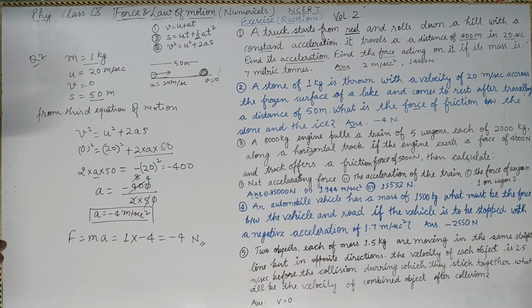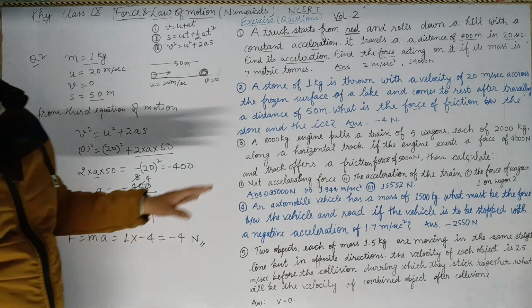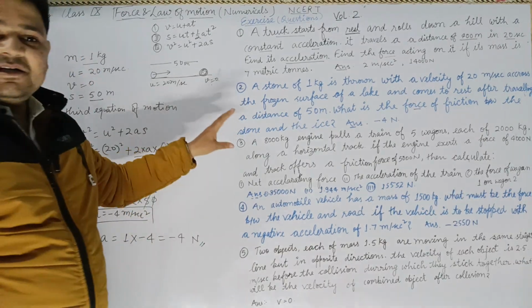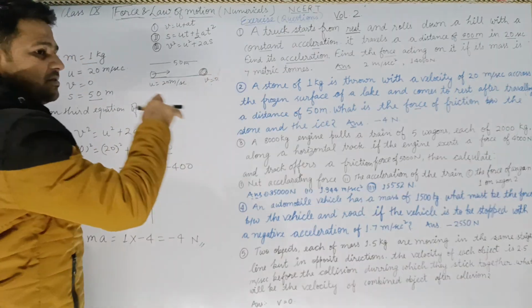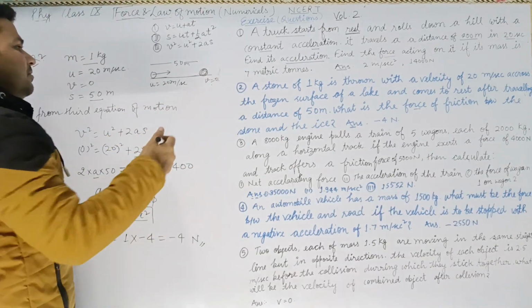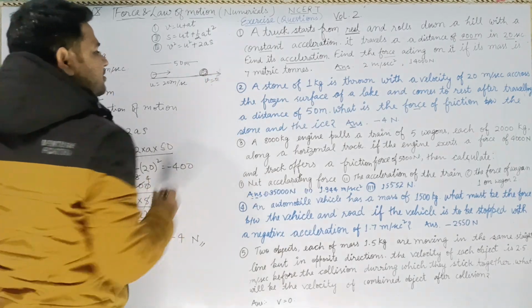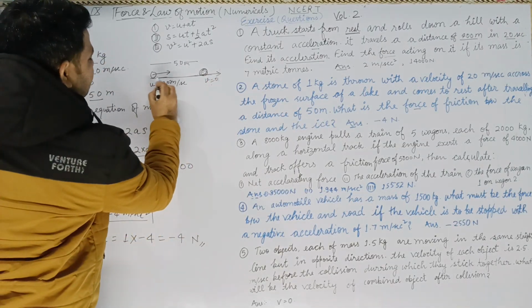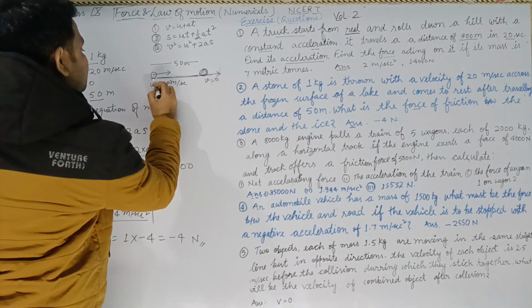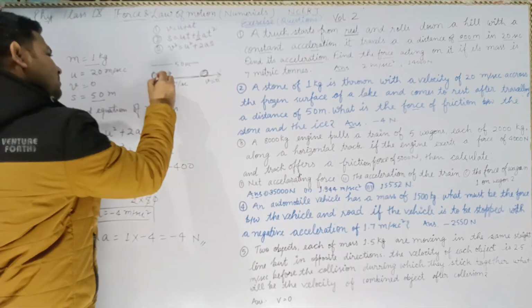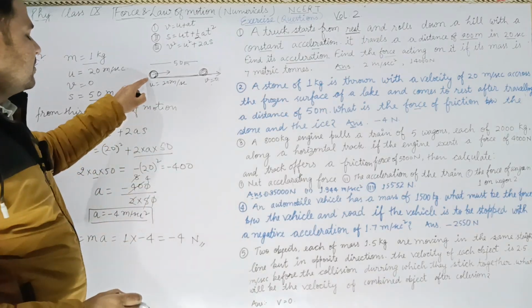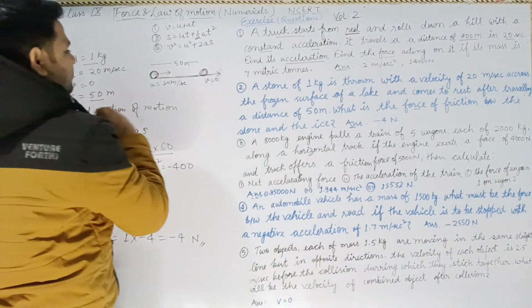The force which stops the stone is called force of friction. When we apply a force in this direction, the force of friction between the surface and the stone acts against it.